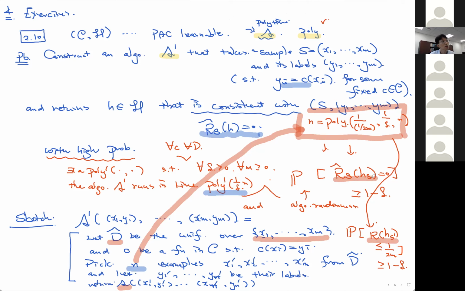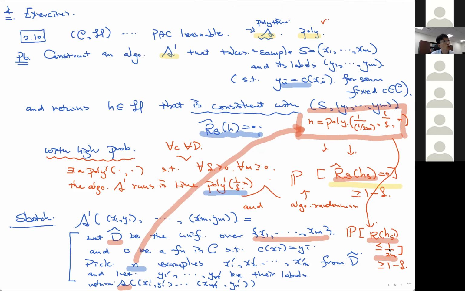For the empirical error, because there are only m examples and it's a uniform distribution, if you make only one mistake, the cost we have to pay is 1 over m. So to reduce this error to be smaller than 1 over 2m, we shouldn't make any errors at all. If we make one error, the cost is going to be 1 over m. So this cannot happen.